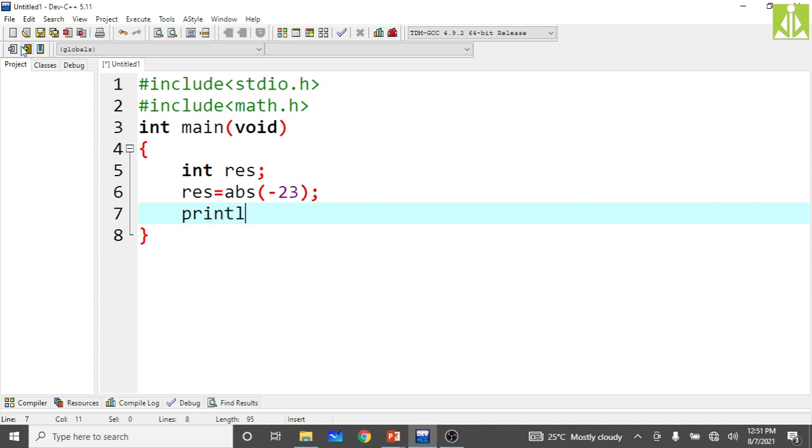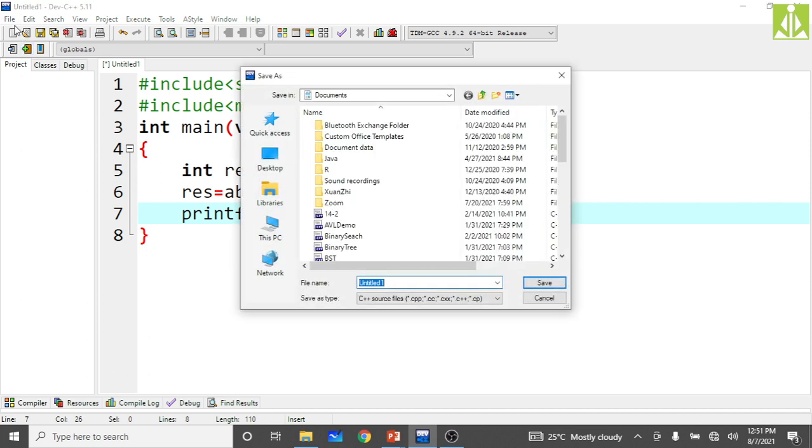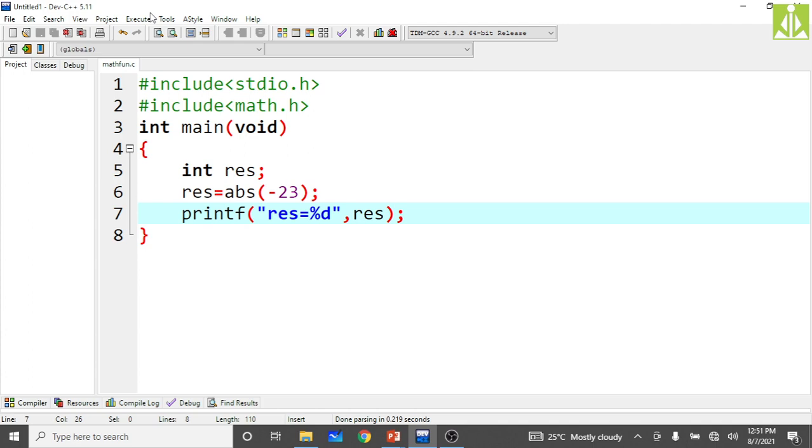So now print it, printf, "Result equals %d", and you put the comma and print the result. Like this. Now save this program, give the name math functions.c, compile the program.